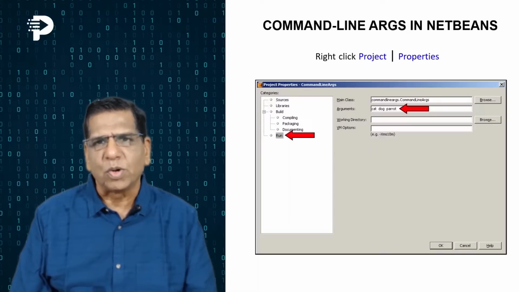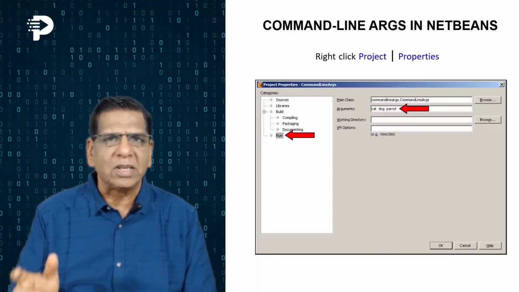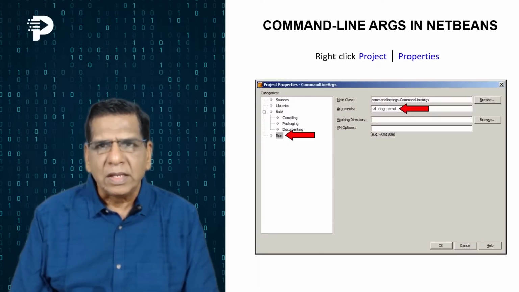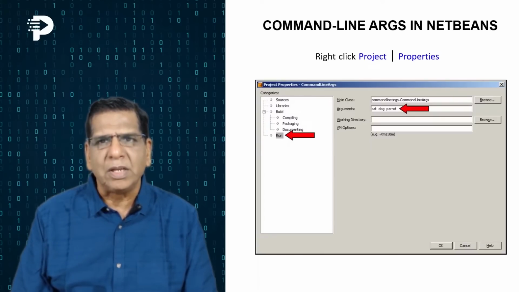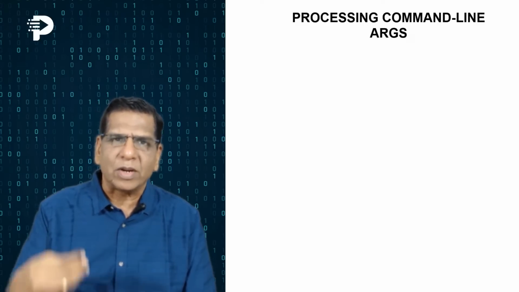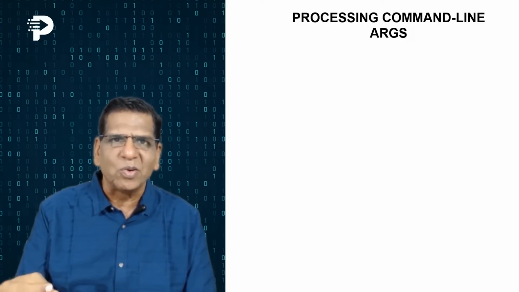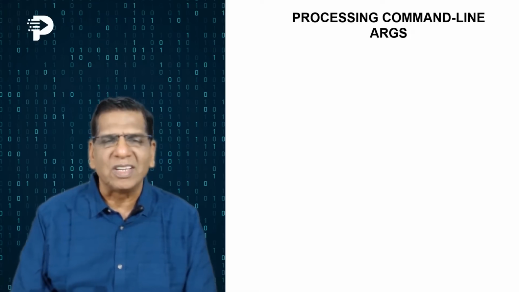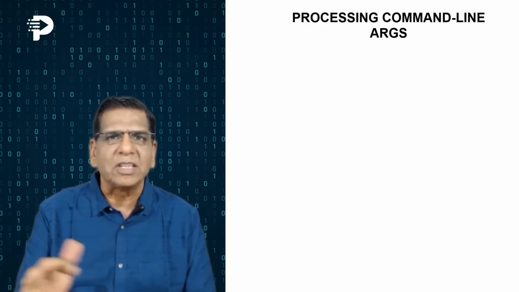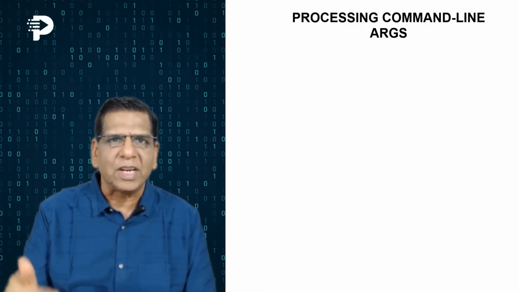So that's the way to provide command line arguments if you are using NetBeans as IDE. Instead of NetBeans, maybe you are using some other IDE, then for that you would be required to figure out how do you provide the input in the form of command line arguments. So that is something that is going to change from one IDE to another.